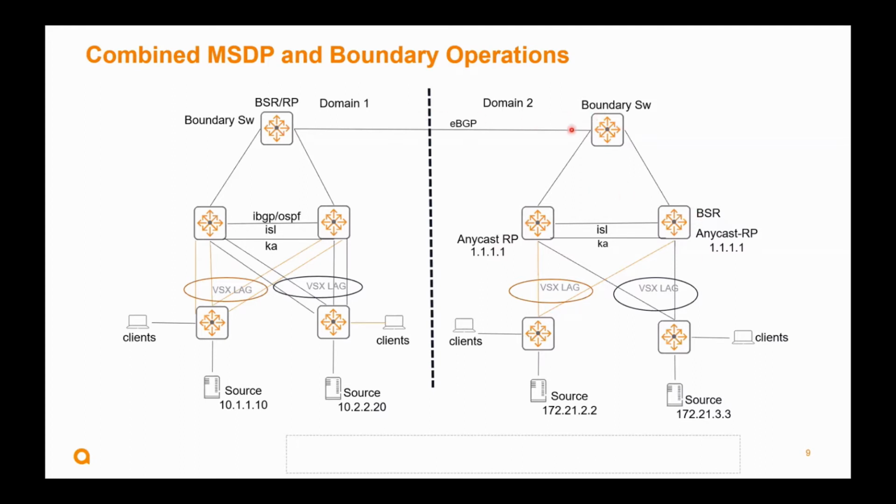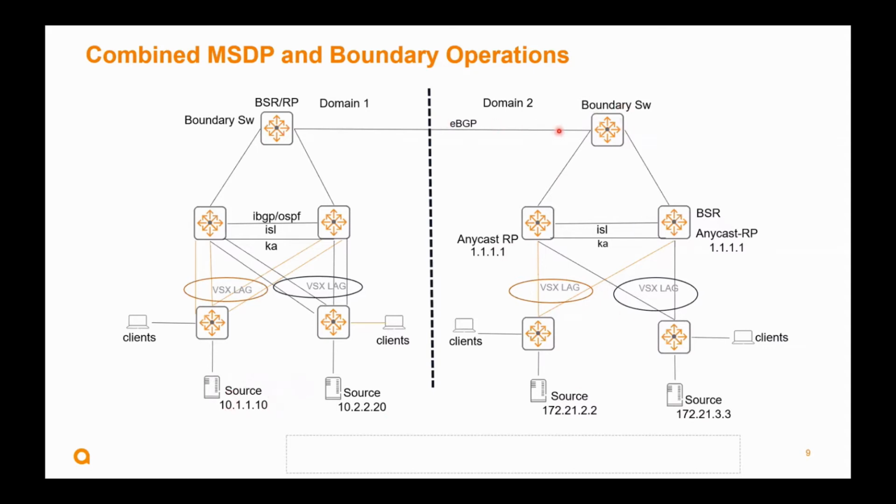Fair enough? And then I use the boundary ACL to filter out the source and all the join messages and so on. Or maybe I just want to allow the receivers if the source of the multicast is 10.1.10, I would allow that.